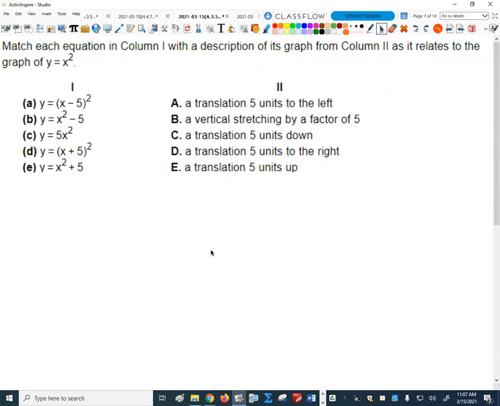Okay, what about these now? Let's match these things up. The top one, so we're looking at this guy right here, right? Type in the letter that we matched that with. Lowercase a matches up with which type of transformation?